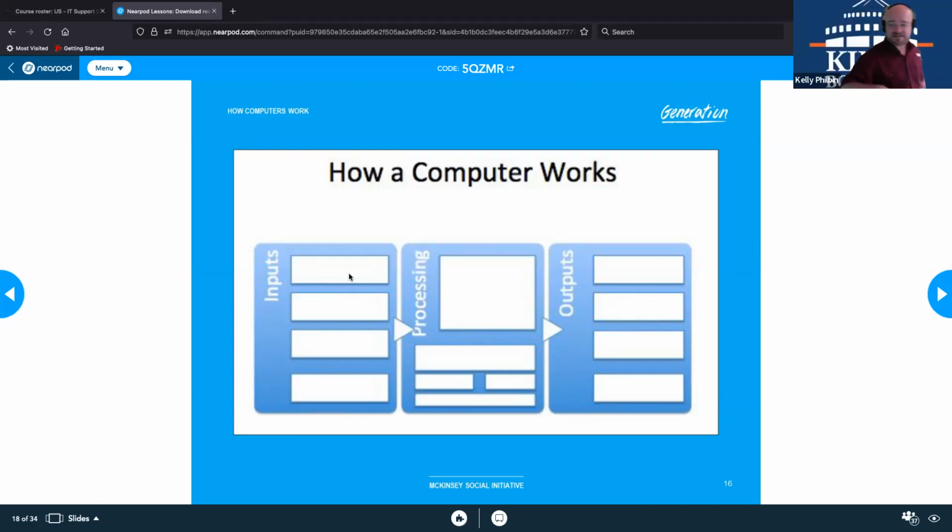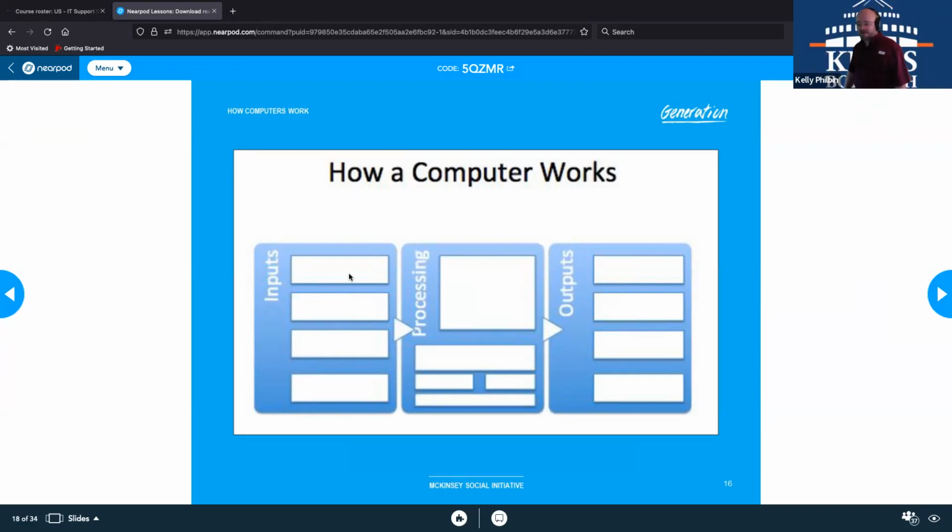Yep, absolutely. A printer is already up there. Yep, printer. It's a good one. Speakers. Yep. I was thinking projector. Yeah, that would be an output. Absolutely.